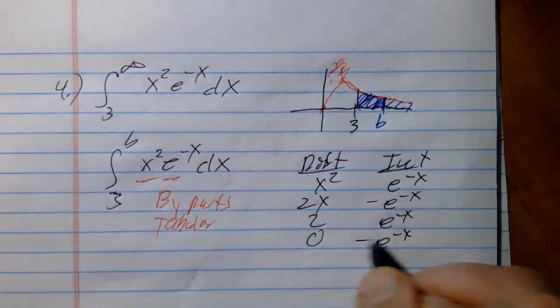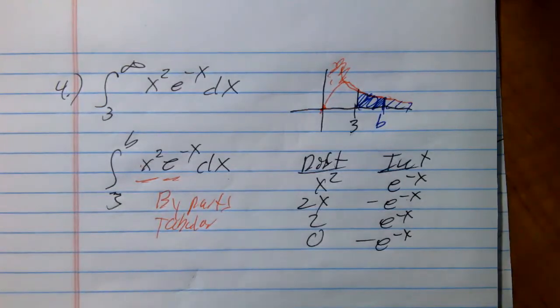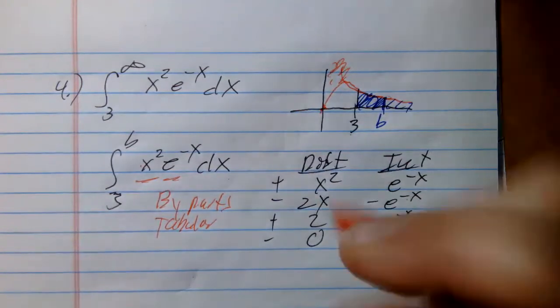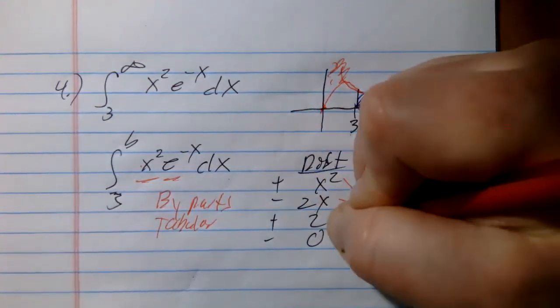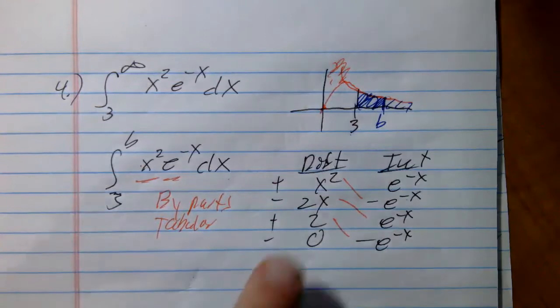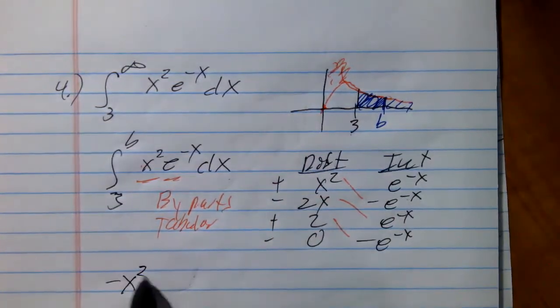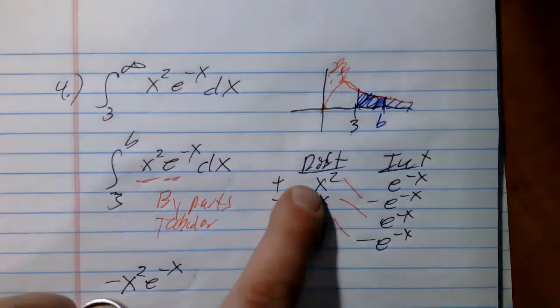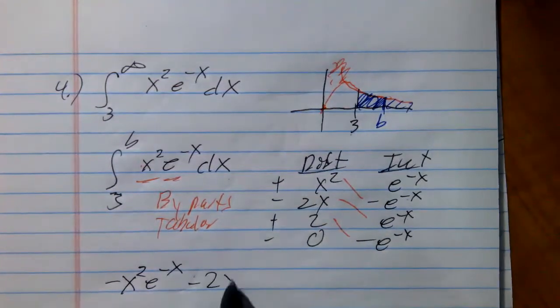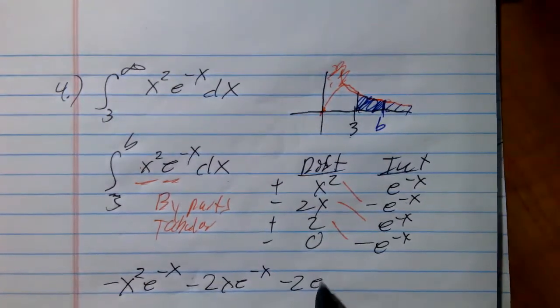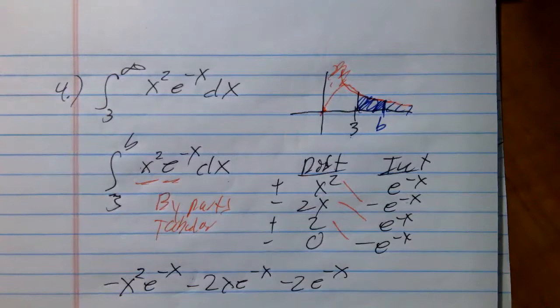Do the same thing again, but then divide by a negative, and it kills that negative. Do the same thing again, divide by a negative. And then don't forget your plus, minus, and you go cross, cross, cross. So what do we have here? You have x squared times negative e to the negative x. So it's basically negative x squared e to the negative x minus 2x e to the negative x minus 2e to the negative x.